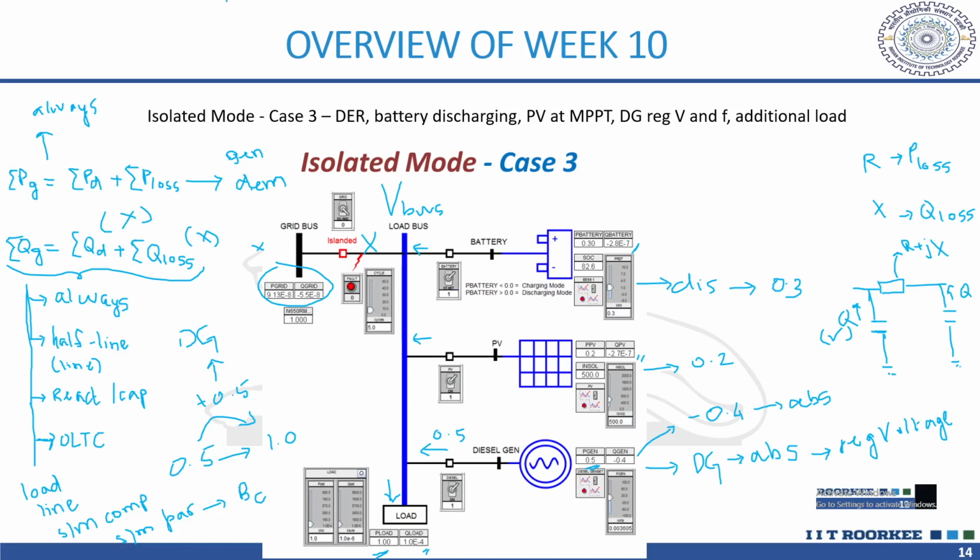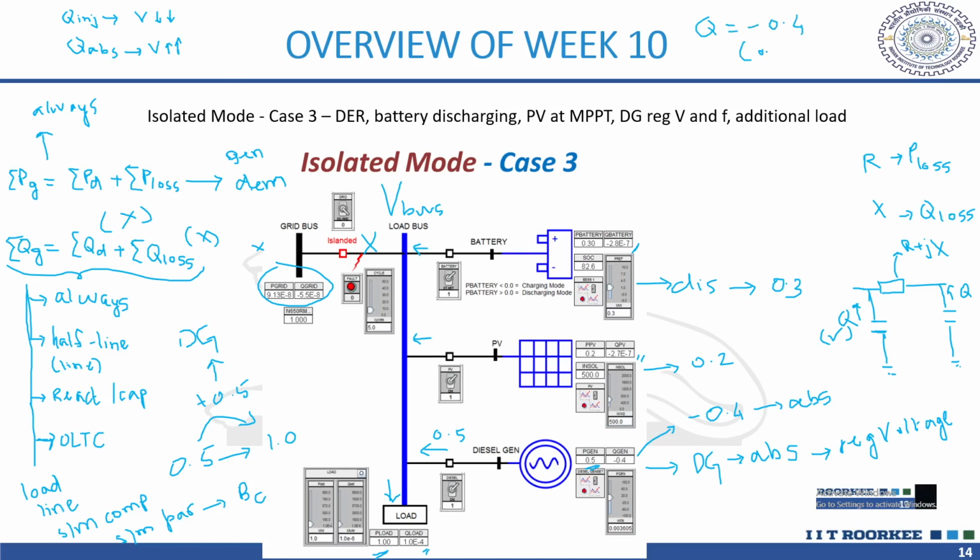So here, if you remember, we inject Q when the voltage is falling below a certain threshold, right? And we need to absorb the excess amount of Q whenever the voltage is above a threshold. So here you can see it is negative 0.4, right? Means the diesel generator has to absorb this.